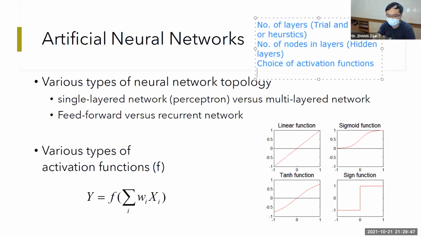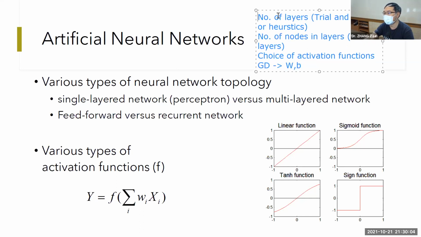The gradient descent is only utilized to determine W and b, the weights and bias. The number of these parameters will be determined once you have specified the number of layers, the number of nodes in the layers, and your choice of activation function.